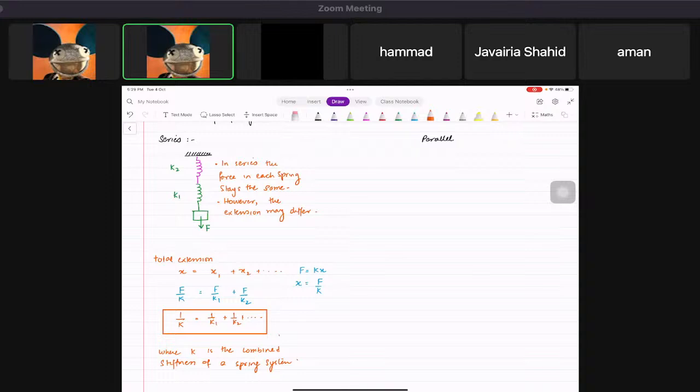However, in a parallel system, so a parallel system that is pulled together was like this. There's something like a plank or something, and then we're pulling it down together.